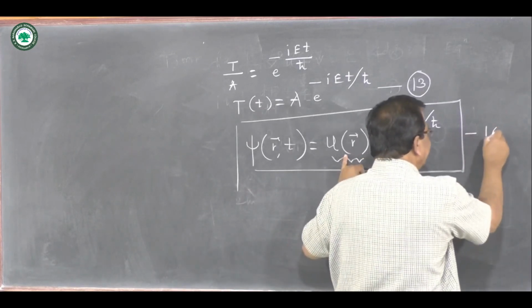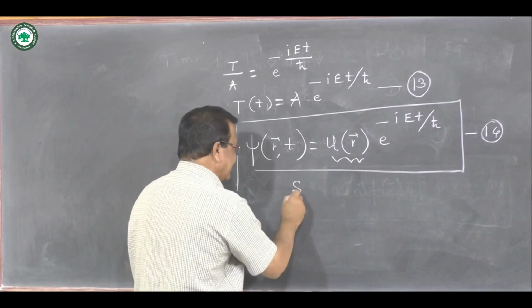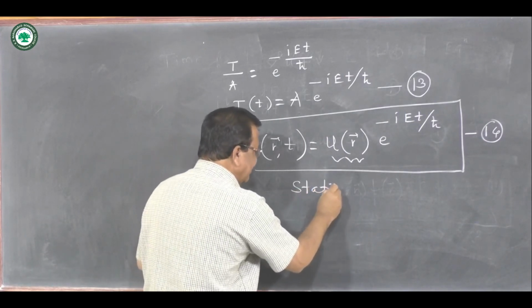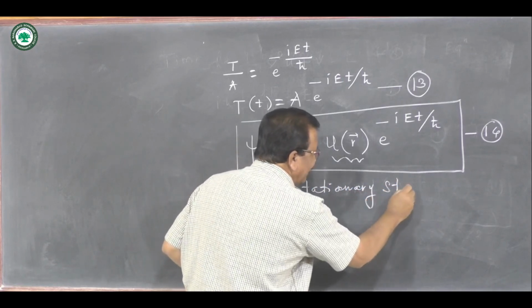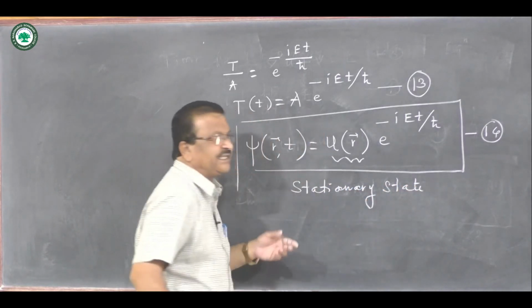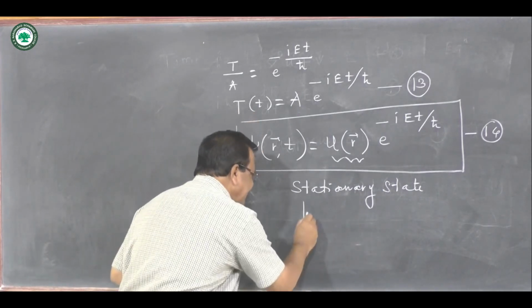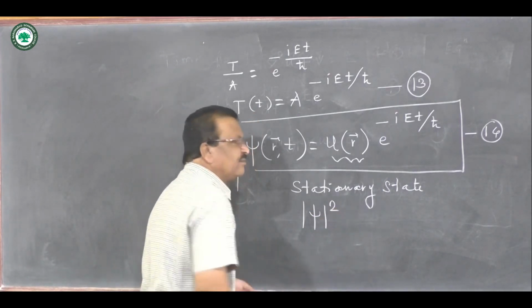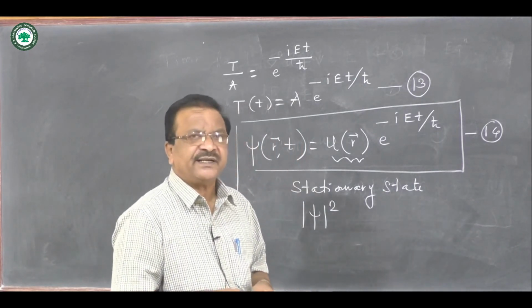This equation is said to represent a stationary state. So what is a stationary state? A stationary state is one in which the probability density mod psi square is constant in time.